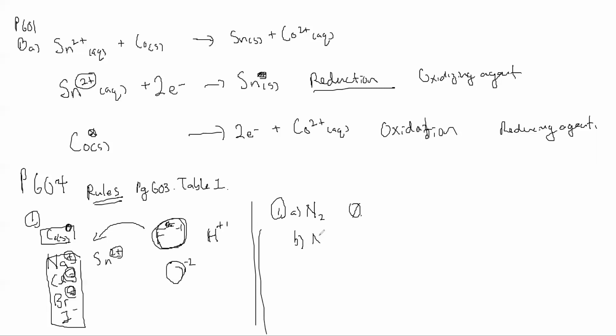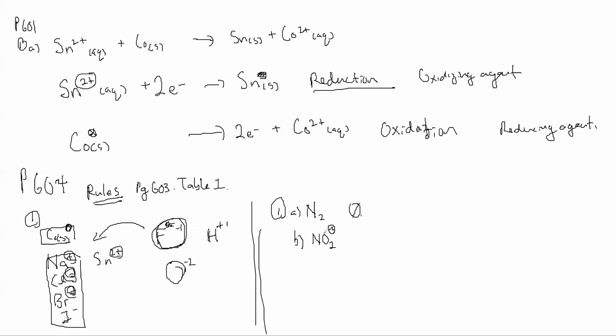Part B, NO2. Now it gets a little bit interesting. Okay, the oxidation number of nitrogen. Well, I'm not quite sure what it is, but I do know that according to the rules on table 1, the oxidation number of oxygen is -2. And how many oxygens are there? 2 of them.